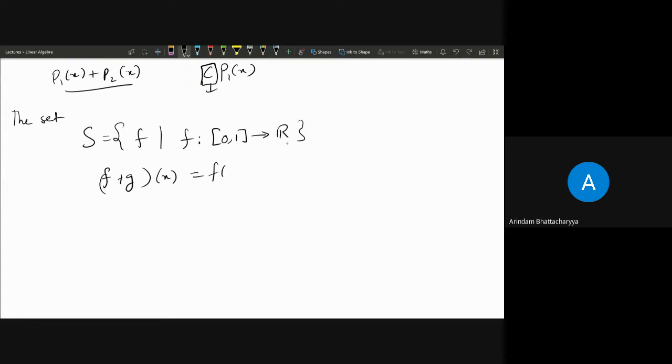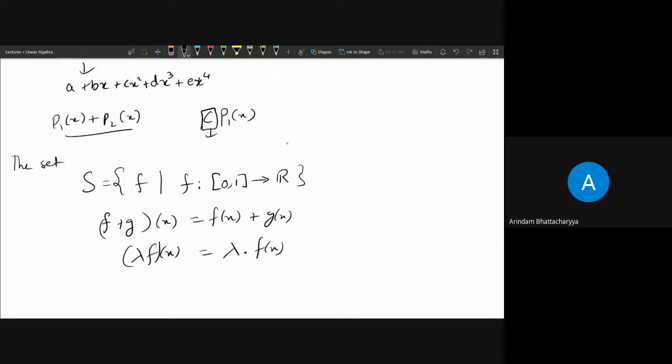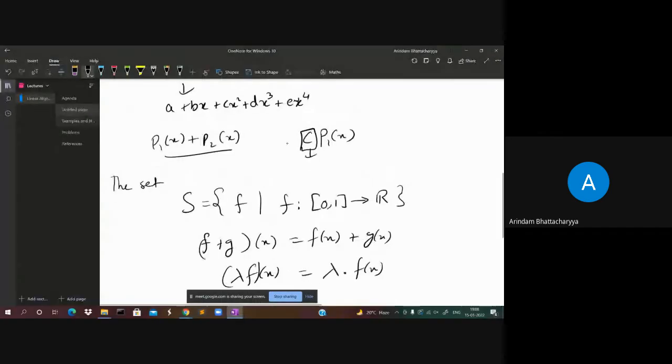This is just pointwise addition and scalar multiplication. So everything so far makes sense, right? That everything is a vector space. We can add and we can multiply the scalars. So let's see a few more examples and a few non-examples.